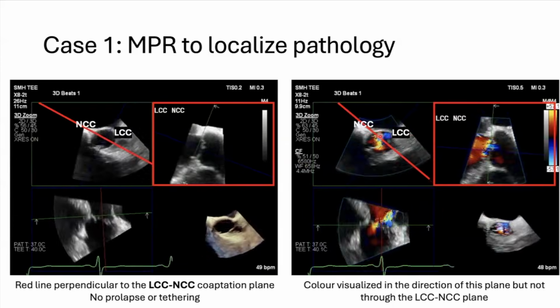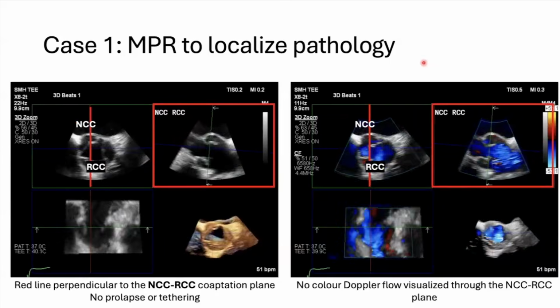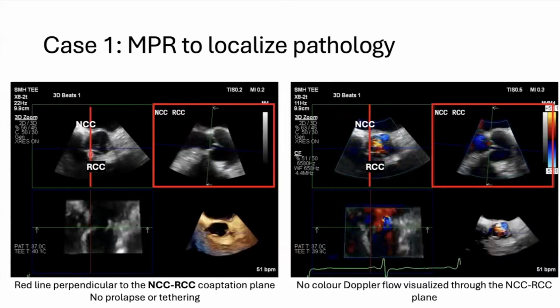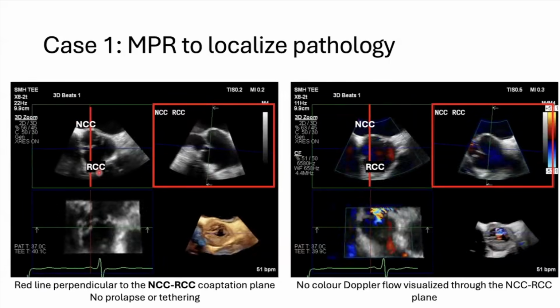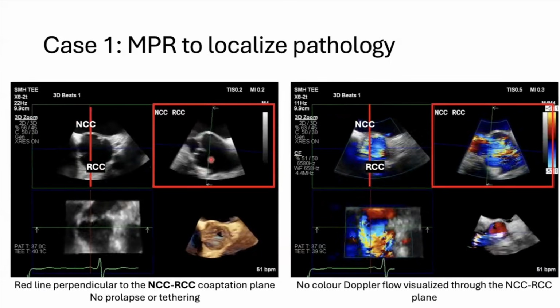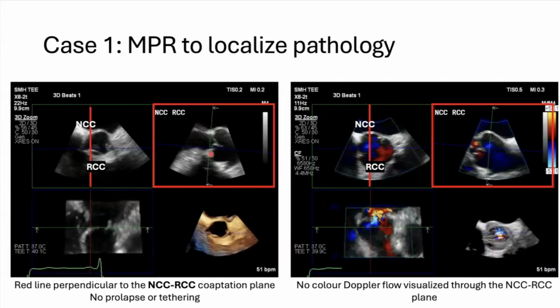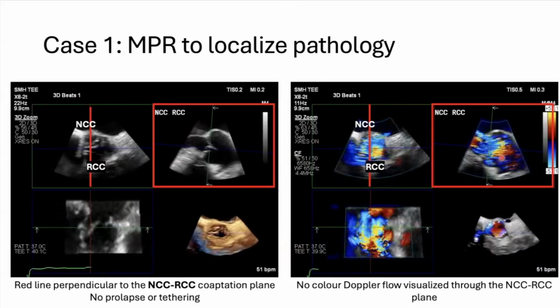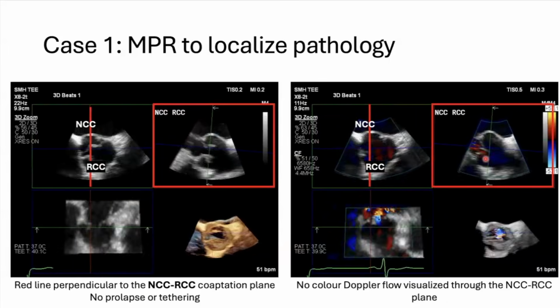So it doesn't seem like the problem is here, between the NCC and LCC. Okay, so let's say we now move the red line to be perpendicular between the coaptation of the non-coronary cusp and the right coronary cusp. Again, we can appreciate how these cusps are multi-scalloped, but these seem to coapt pretty well. And when we apply color here, there's no color coming from this area.